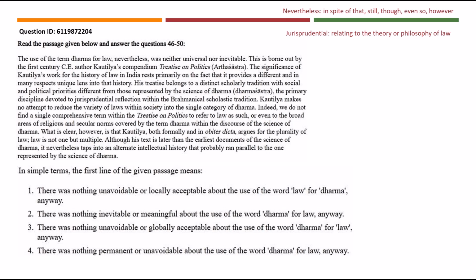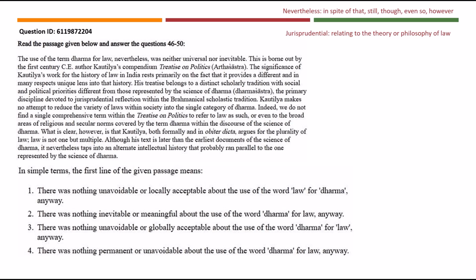Kautilya makes no attempt to reduce the variety of laws within society into the single category of dharma. Indeed, we do not find a single comprehensive term within the treatise on politics to refer to law as such, or even to the broad areas of religious and secular norms covered by the term dharma within the discourse of the science of dharma.